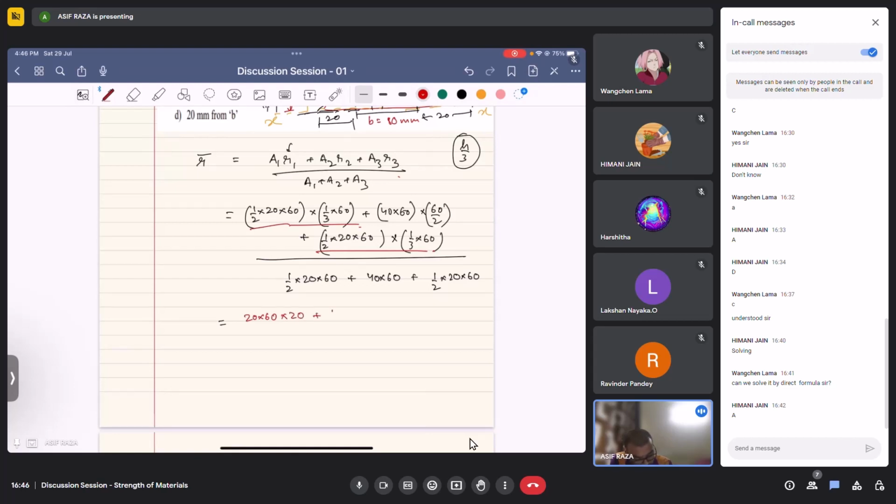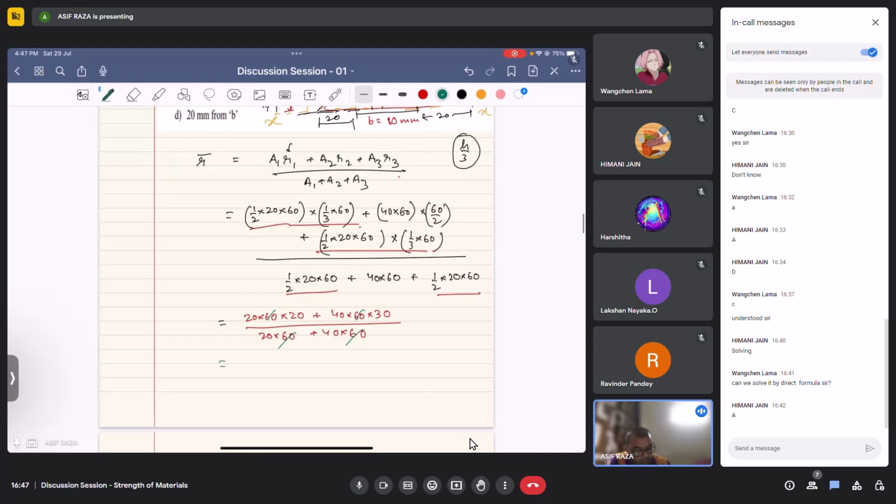Here 40 into 60 into 30 divided by, so here this half and half, so 20 into 60 plus 40 into 60, I can cancel 60, 60, 60 common all throughout.